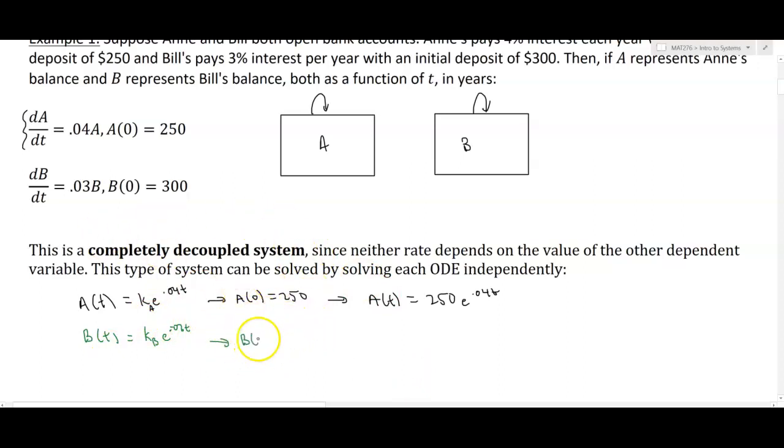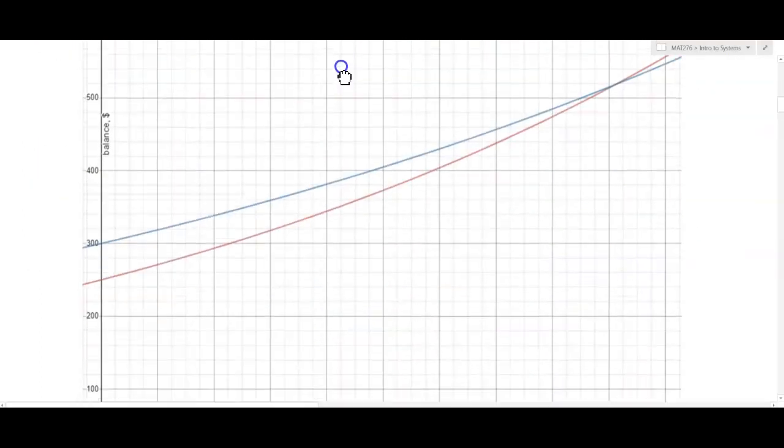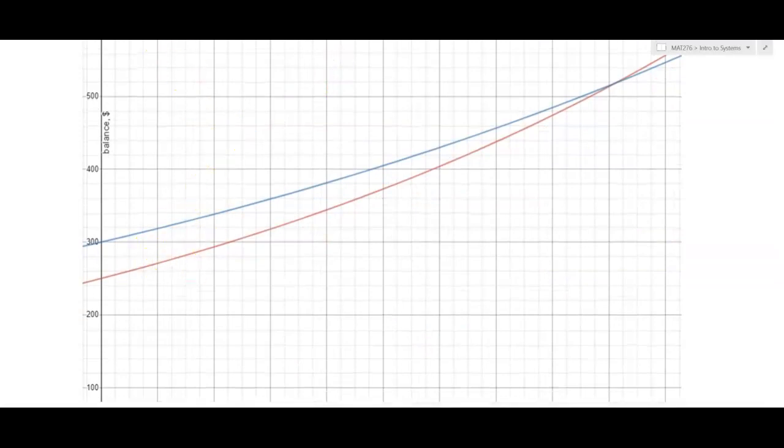So B of 0 is 300, and making those substitutions, 300 for B, 0 for t, we get k of 300, and so B of t is equal to 300 e to the 0.03t. So if we take a look at a graph of these functions now, here we have, in red, Ann's balance.